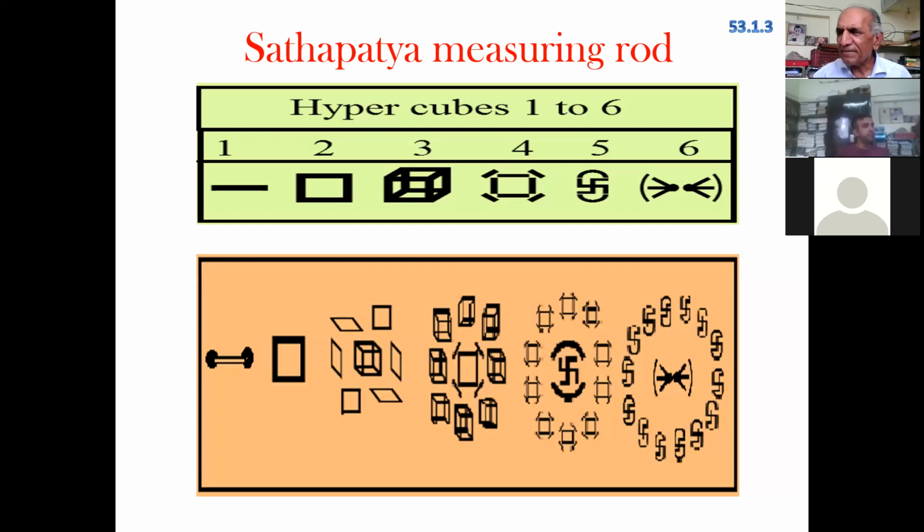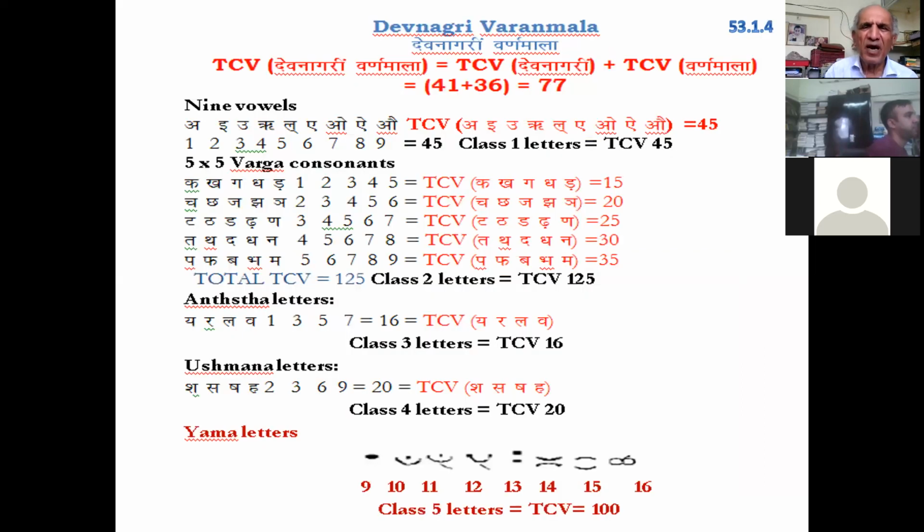A step ahead, at the initial stage itself, we have to acquaint ourselves fully with Devanagari Varanmala, the text of Srimad Bhagavad Gita, and in fact, the entire Vedic literature has reached us in Devanagari script.